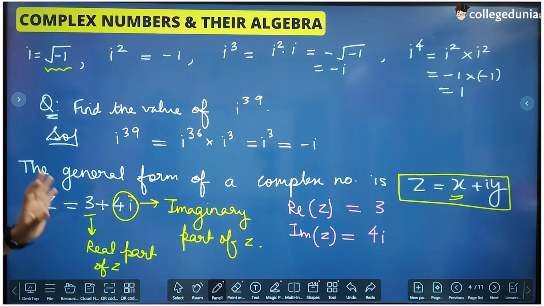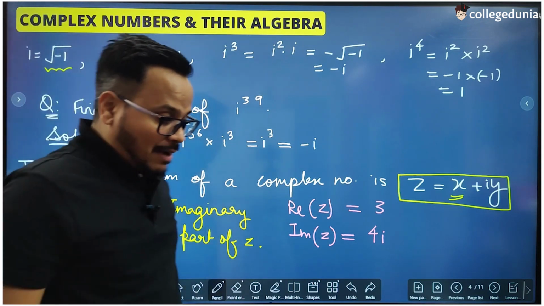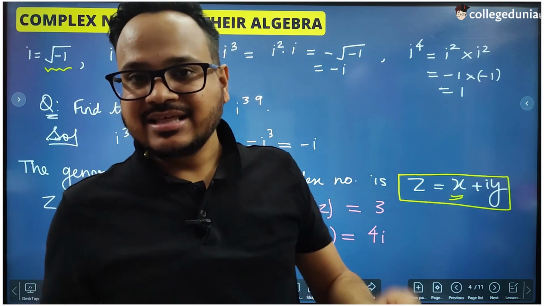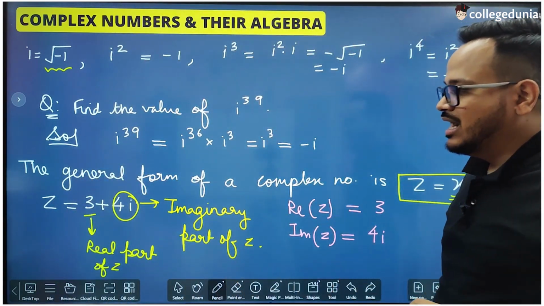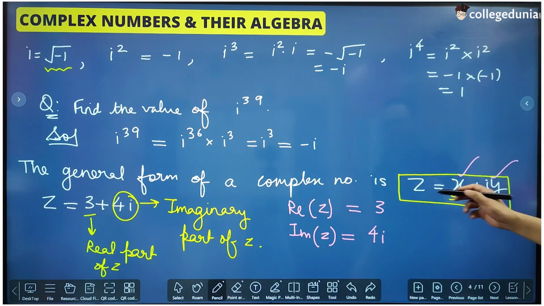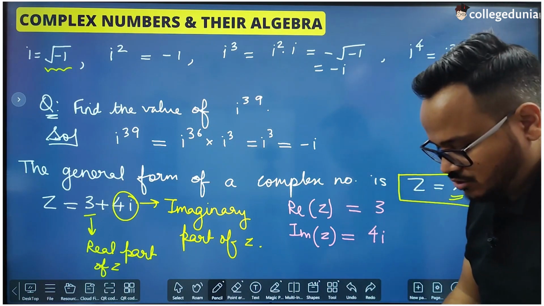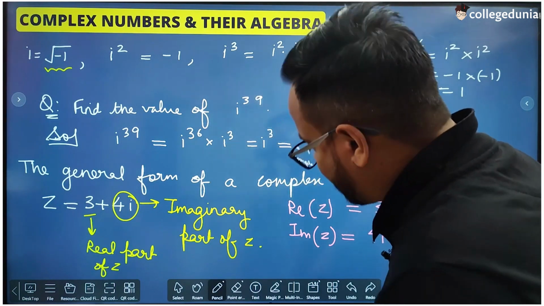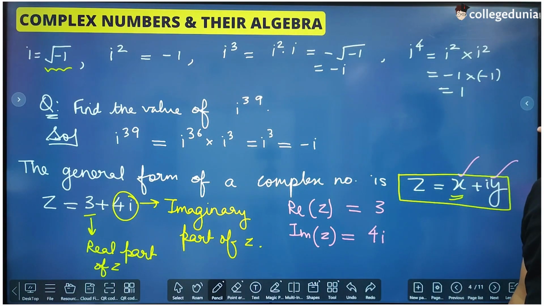So this is the general form of a complex number, but always remember this 3 or this 4 can have any values, right? This x and y can have any values including 0.